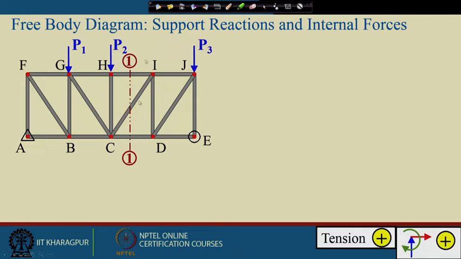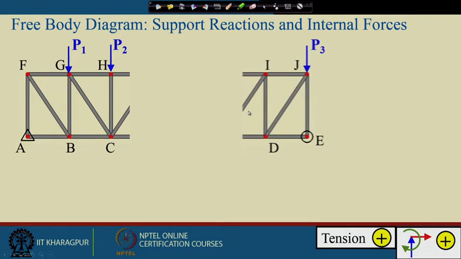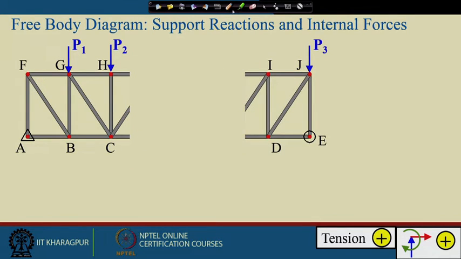Now, if we take a section here, and then we break the entire structure into pieces, then what will happen? We take different pieces, then we have to show the internal forces, right.